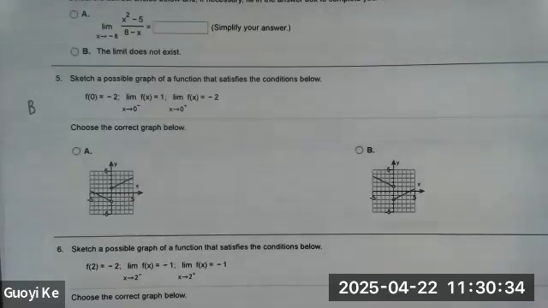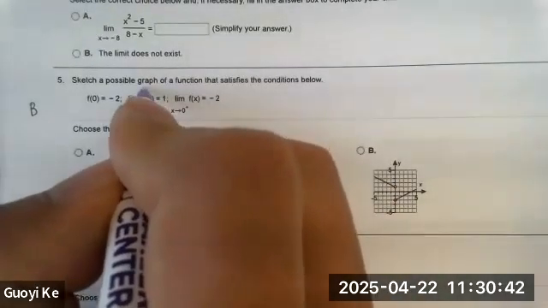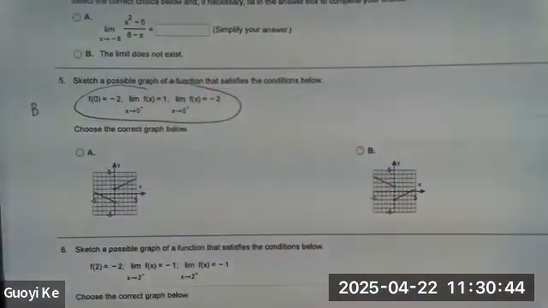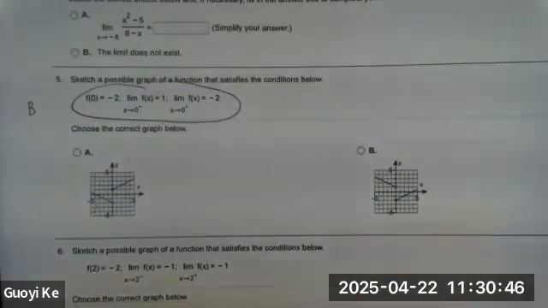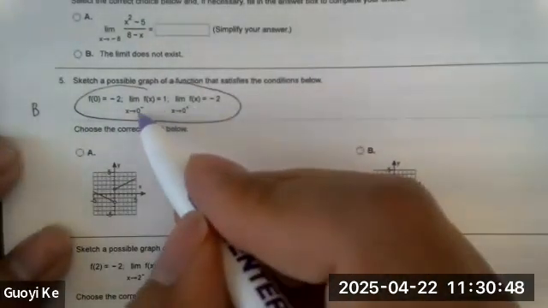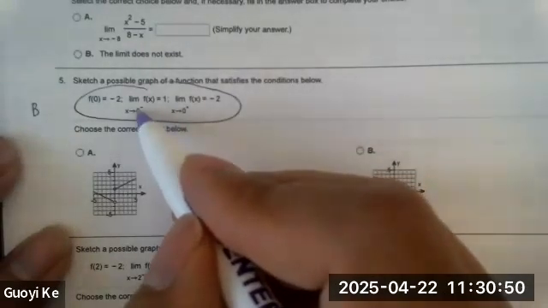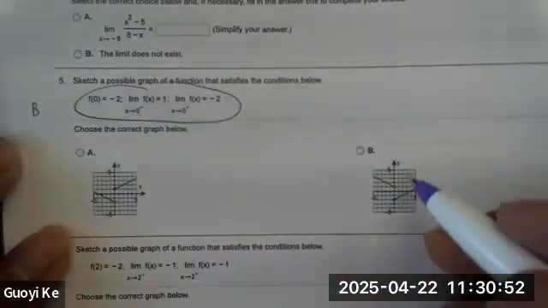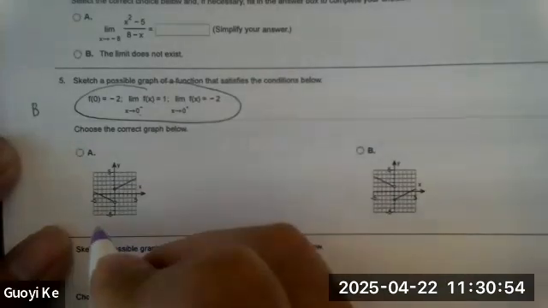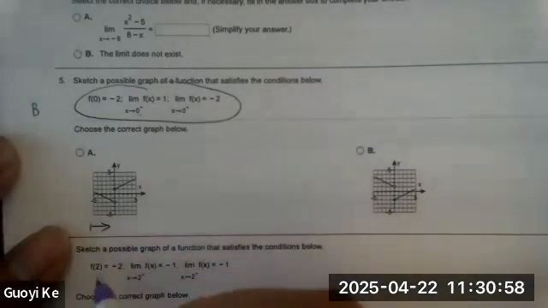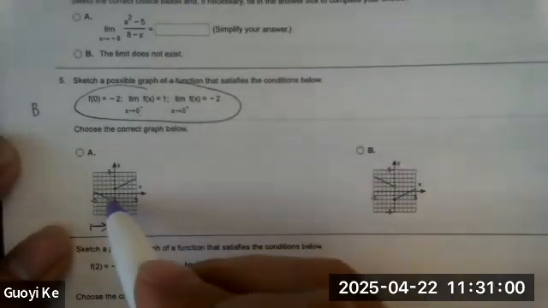Problem 5 requires us to find the graph that satisfies this condition. So x approaches 0 from the left-hand side. Here, the curve approaches this point.